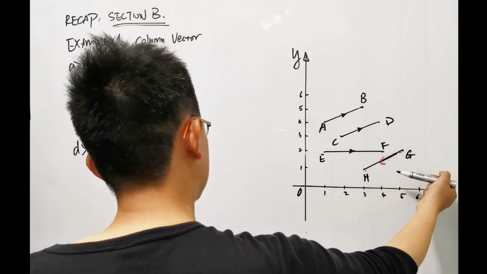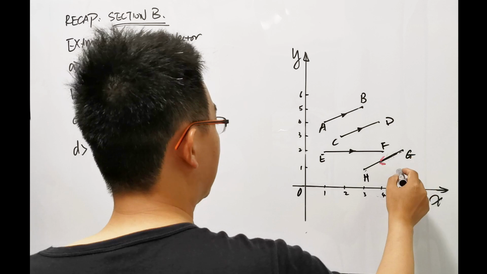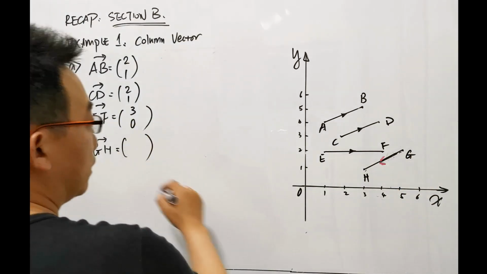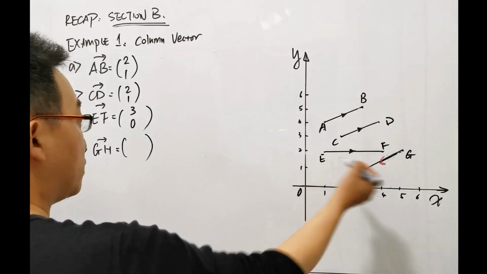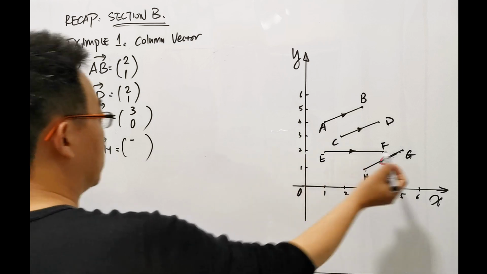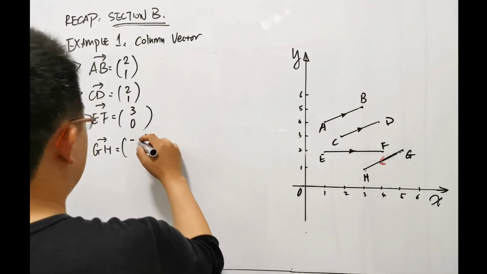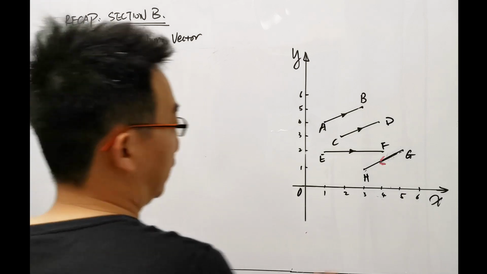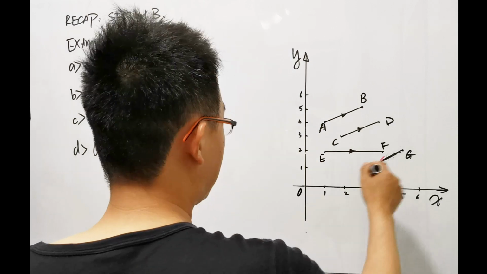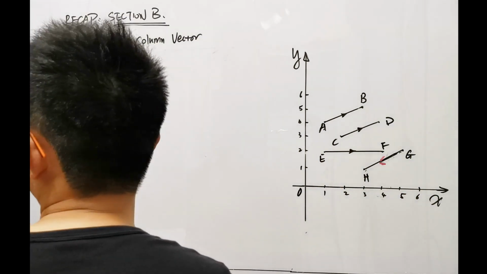So they move towards the left. How many? 1 unit, 2 units, it's 2, right? Because they're moving to the left, it's minus. Anything going in this direction is minus 2. And at the same time we're going downwards, also minus, right? Downwards is 1, so it's minus 1.